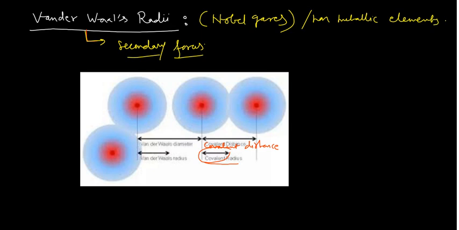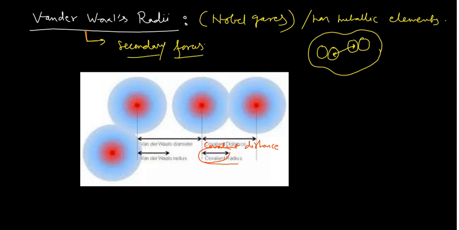What is the meaning of that? Say for example, this is one diatomic molecule, and this is another diatomic molecule, and they have an interaction between them, but there is no bond between them. If you want to know the van der Waals radii, you take the distance between the two nearest atoms and measure it.